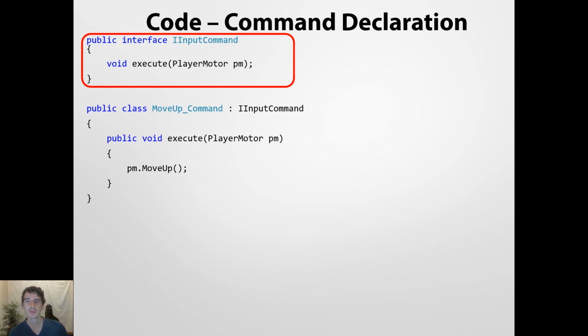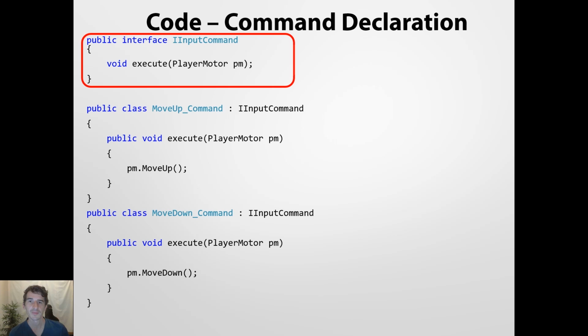And we then create two classes, a move up command and a move down command. And both of those classes implement this interface. And they perform the action, whatever it is that this command should do. So in this case, the player motor that is given as a parameter is moved up or down.